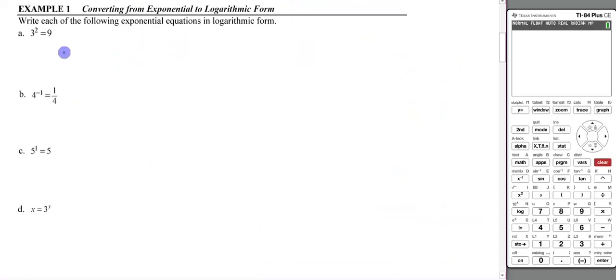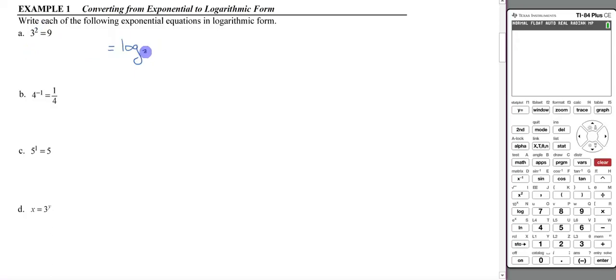Let's go from exponential form to logarithmic form. Here we'll start with 3 squared equals 9, and we need to rewrite it in logarithmic form. So we know first off we're going to have a log in there, and we need to figure out what that subscript is. Remember, the subscript is the base. The base in exponential form is the thing that has an exponent sitting on it.